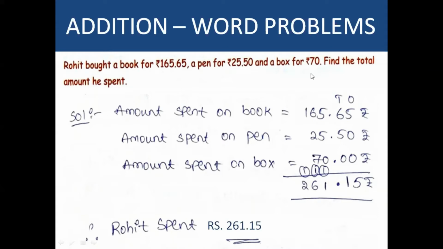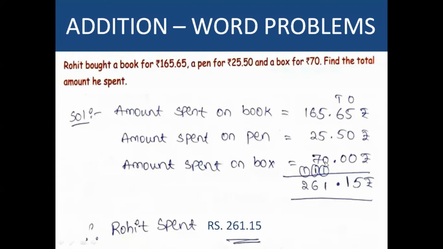Find the total amount he spent. Now see the solution. Amount spent on book, how much? 165.65 rupees. Amount spent on pen, 25.50 rupees.